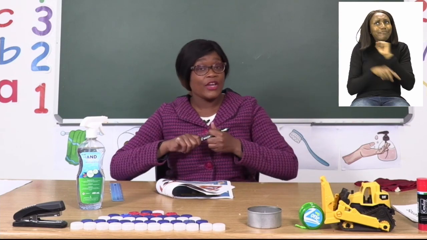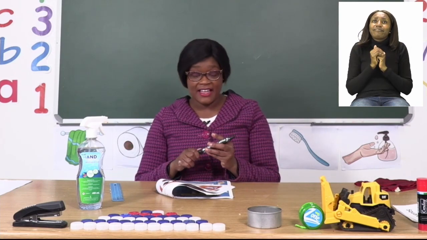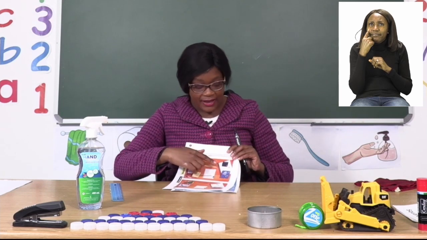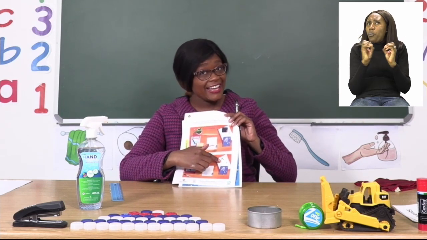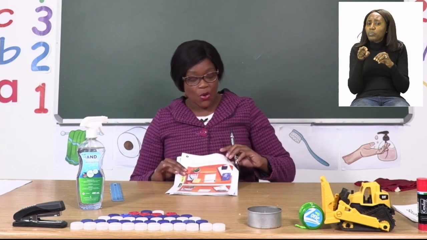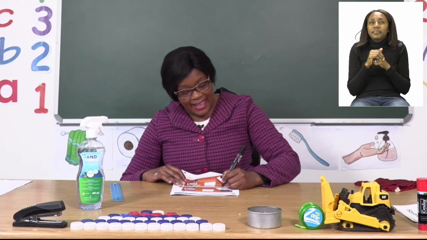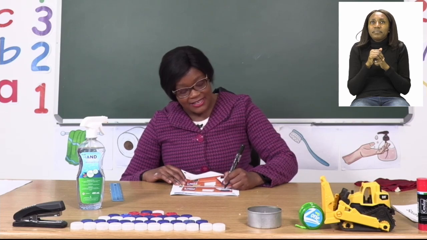So I'm going to first look at my first picture and see what is missing. Now it looks like, when you look at it carefully, that the calculator is missing from the second picture. So it's going to be your job to make a nice big X where the calculator is supposed to be.